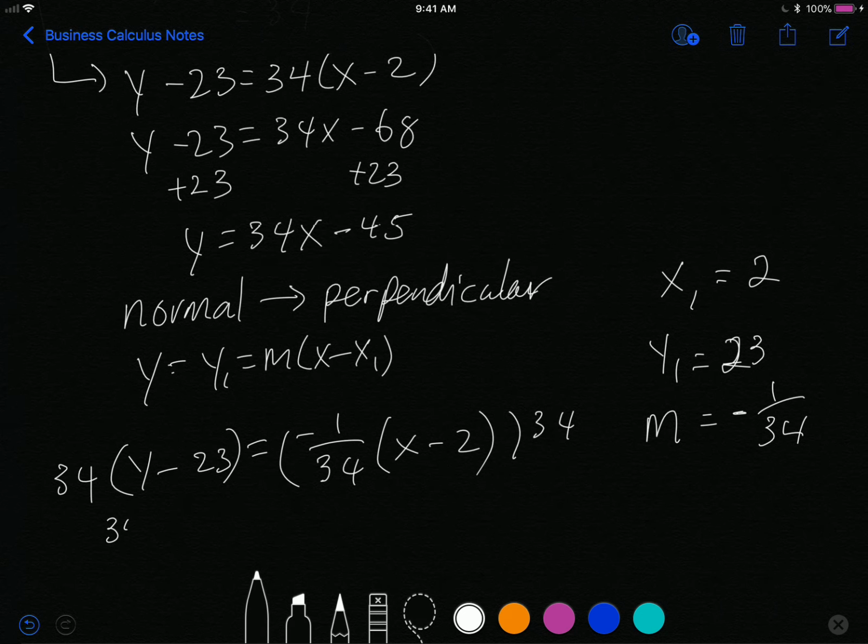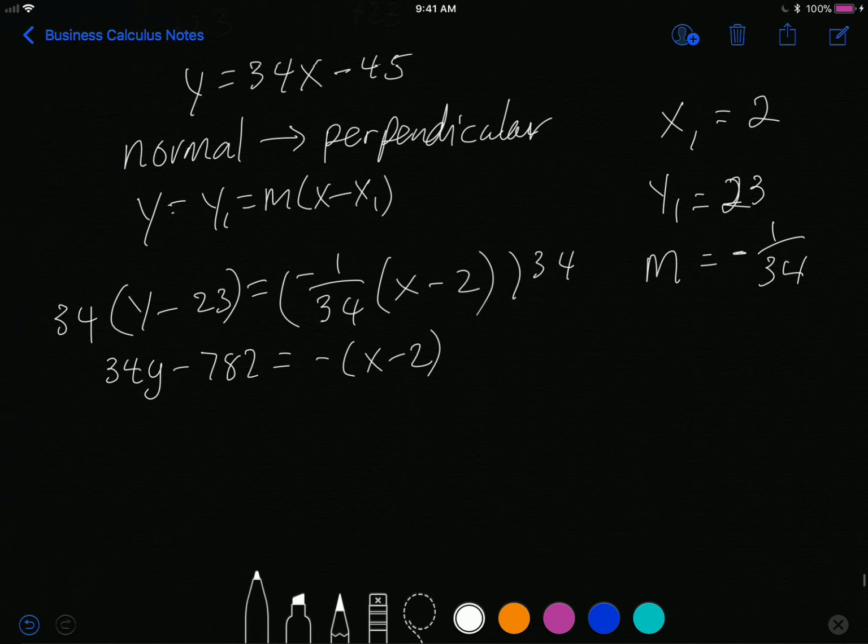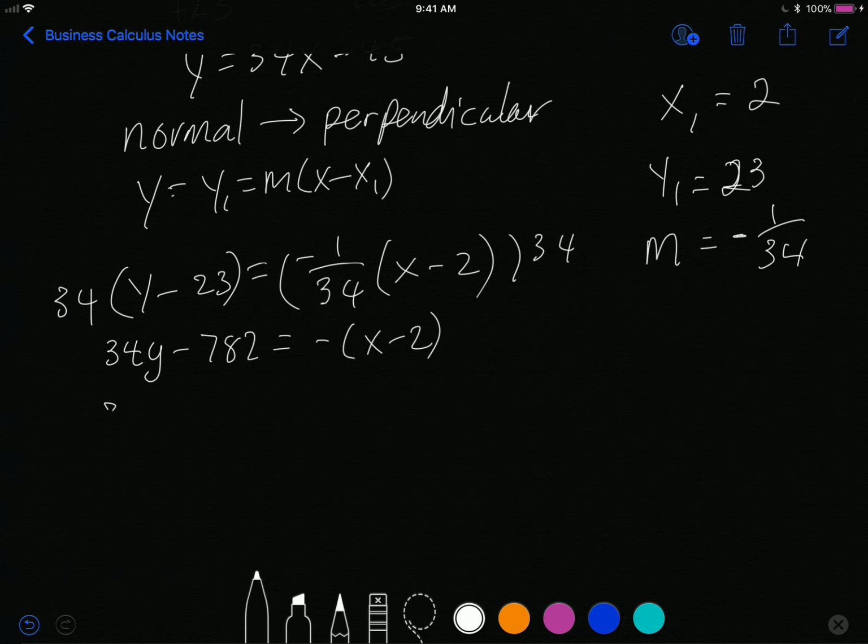And so I get 34y minus, what's 23 times 34? That's huge. 782 equals negative x minus 2. I distribute the negative sign, 34y minus 782 equals negative x plus 2.